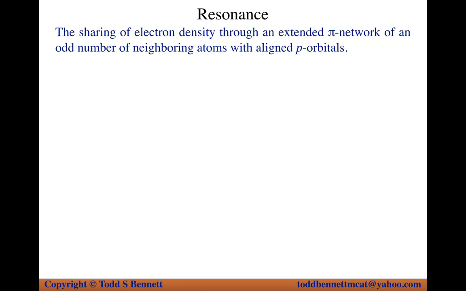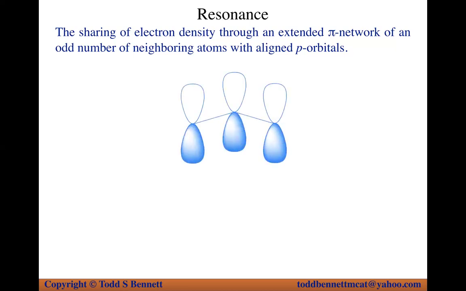But the resonance we're going to deal with, we're going to start with three adjacent atoms, sometimes five, sometimes seven. If we draw our p orbitals, an open lobe and a shaded lobe represent, let's say, clockwise rotation and counterclockwise rotation of the electron. As long as it's going the same direction, then it can be shared, kind of like you can make a lane change into a lane where traffic goes the same direction.